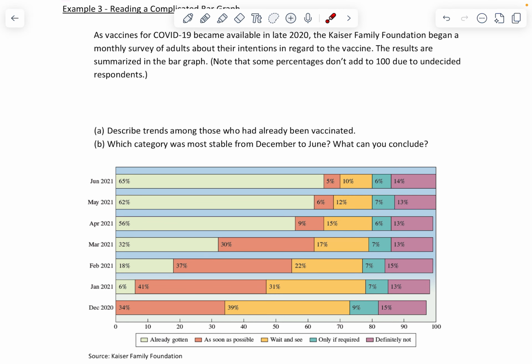Note that some percentages don't add to 100 due to undecided respondents. Okay, so 2 questions here. A, describe trends among those who had already been vaccinated. And then B, which category was most stable from December to June? What can you conclude?